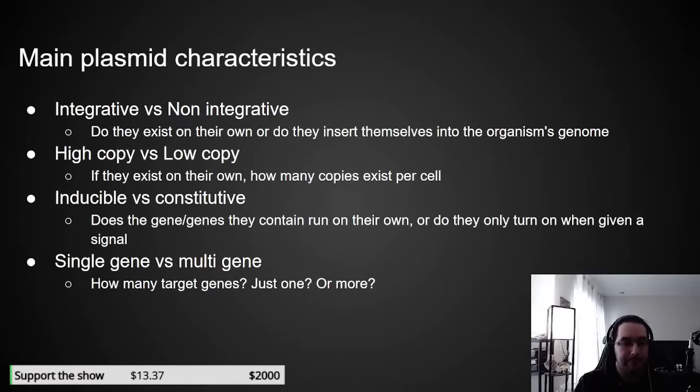Okay. The last thing to know about a plasmid is literally how many genes this thing is going to be making. For two reasons. One, the more genes it has to make, the more complex it is, and also the physically larger the plasmid is going to be. And if a plasmid gets too large, you have to include extra bits in it, otherwise you'll lose it. And it becomes very difficult to handle.